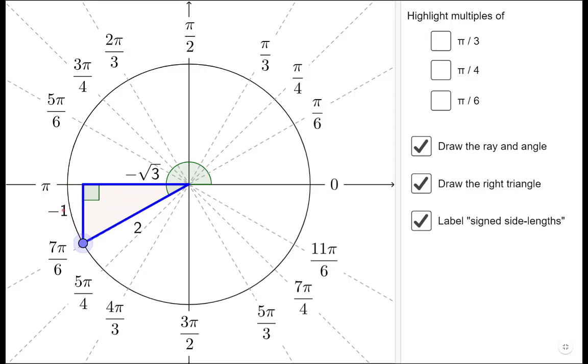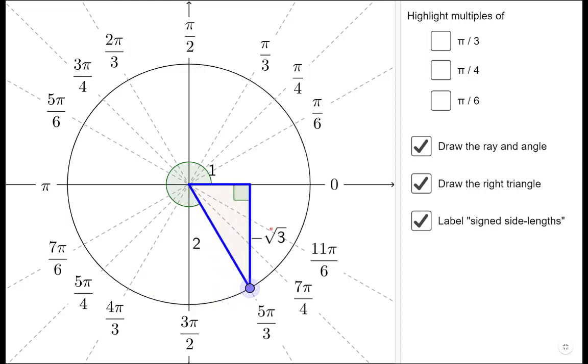The y is going down, so we'll call that a -1 and a -3. The hypotenuse is always positive because it just represents the length from the origin to the circle. And then finally, in the fourth quadrant, we see that the y part of the triangle is negative, but the x part of the triangle is positive. So I like to use this idea in order to help me figure out the values of trig functions.